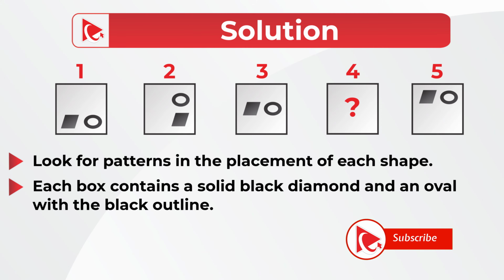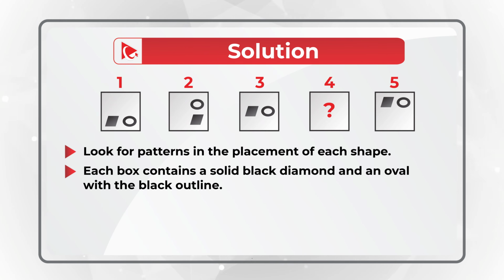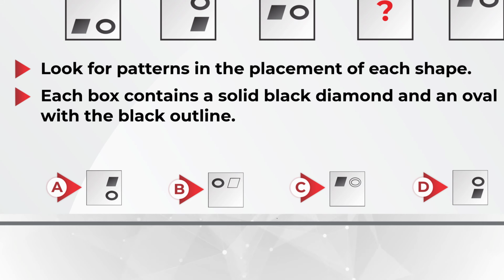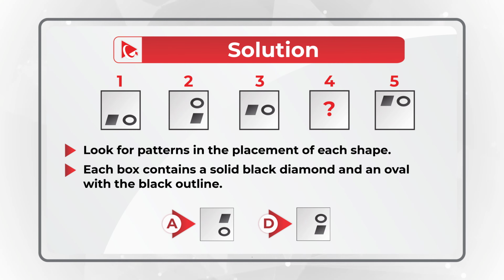This pattern is persistent for shapes 1, 2, 3, and 5. We can safely assume that square 4 will have similar shapes inside, which automatically excludes choices B and C, only leaving possible choices as A and D.